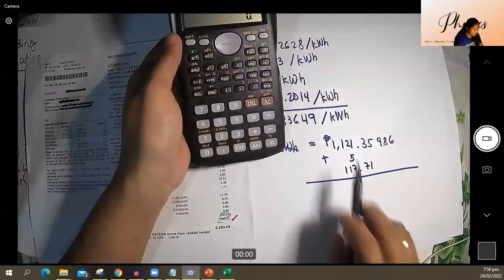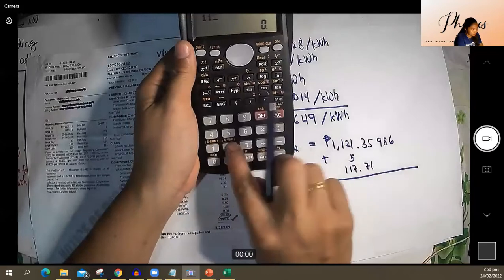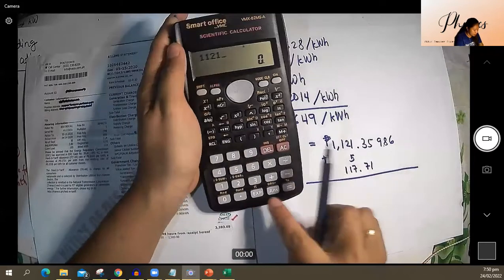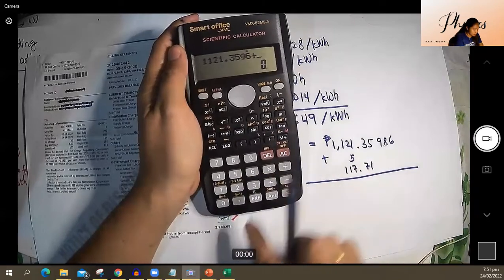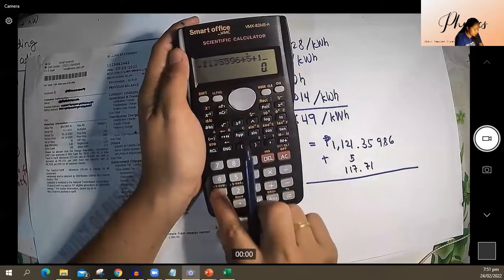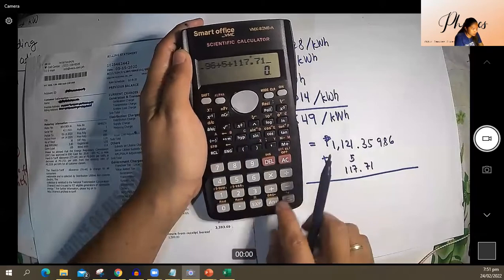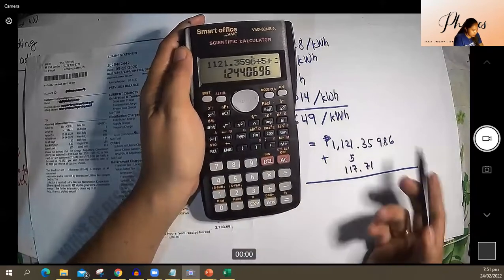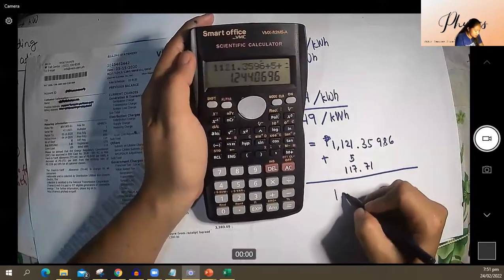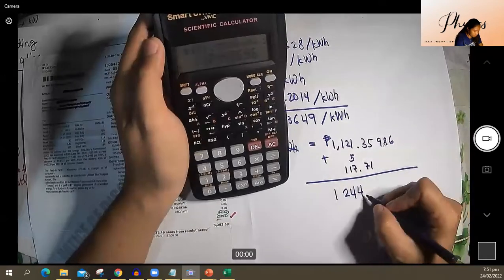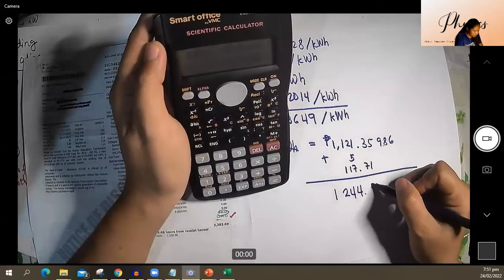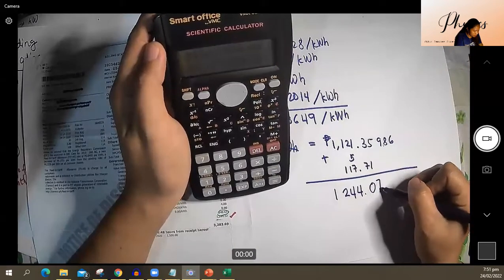Okay, and you'll get the total. Right, so we have here 1,121.35986 plus 5 plus 117.71, and so we have 1,244.07, approximately.